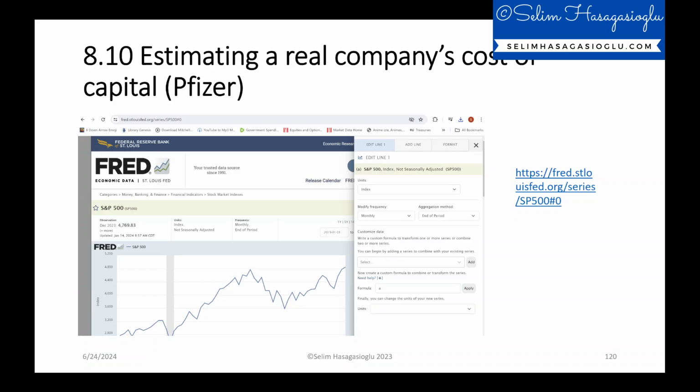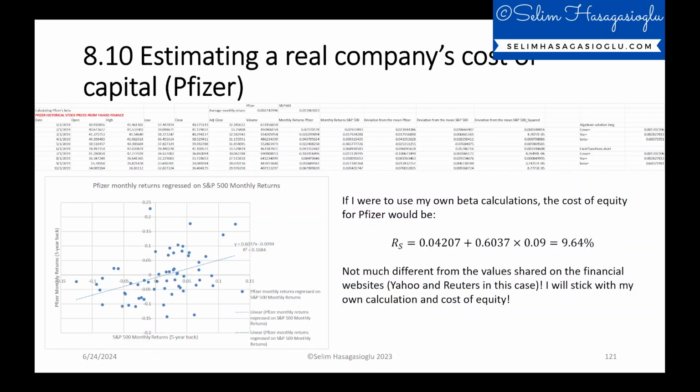As we did before, you can rely on the information on FRED, Federal Reserve Economic Data. Just use this link and modify frequency to monthly, and aggregation method will be end of period. And again, you can download this data and calculate the monthly returns on the S&P 500, which will be your market portfolio in your calculation of beta.